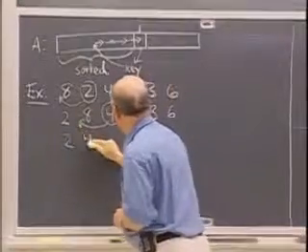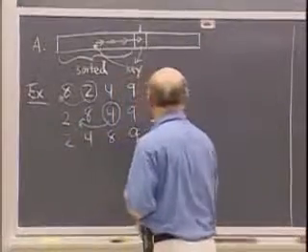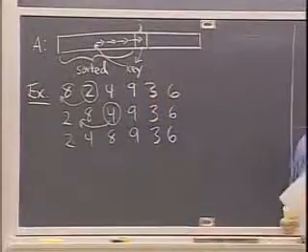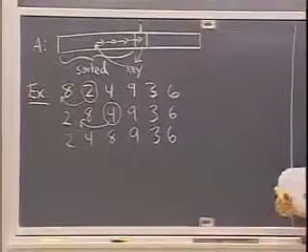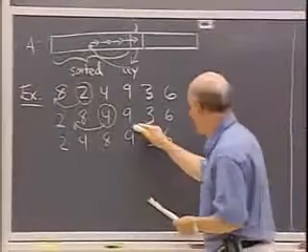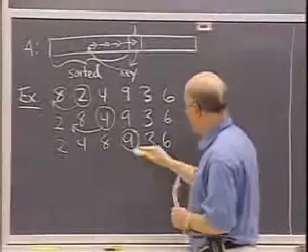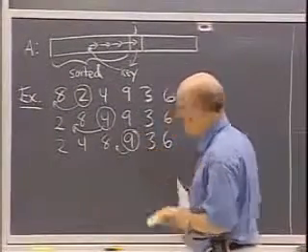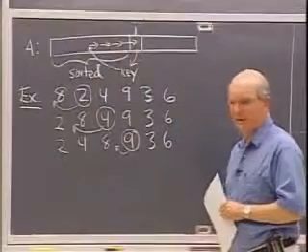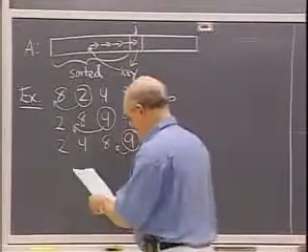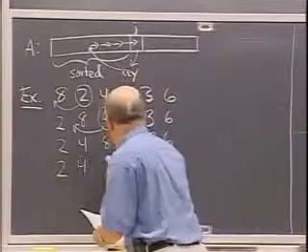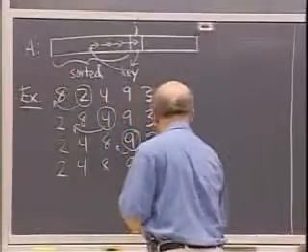So we get 2, 4, 8, 9, 3, 6, after the second iteration of the outer loop. Then we look at 9, and we discover immediately it just goes right there. Very little work to do on that step. So we have exactly the same thing output after that iteration.